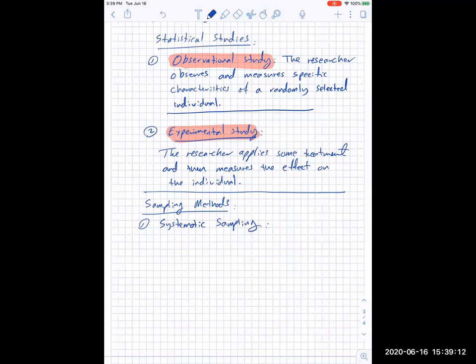Now, in a systematic sampling, the researcher selects a starting point and then selects every, let's say, for example, every fourth or fifth individual in the population.